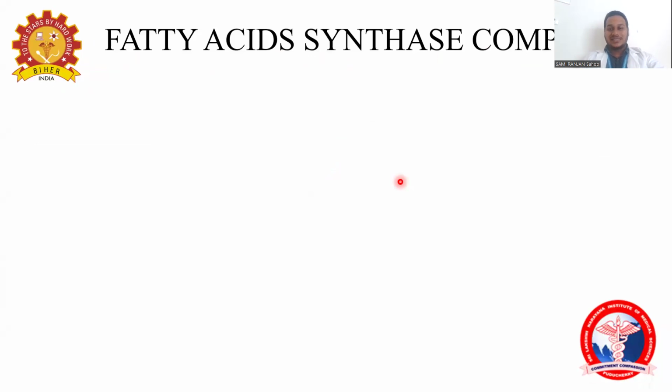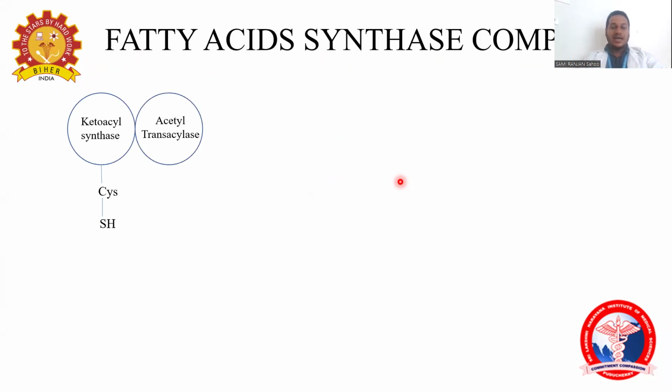As I told, the fatty acid synthase complex is a 7 multi-enzyme complex with one carrier protein. The first enzyme is ketoacyl synthase, and along with it we need a cysteine with a sulfhydryl bond. Acetyl transacylase and malonyl transacylase are also there.